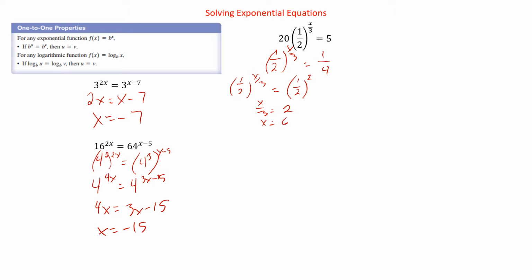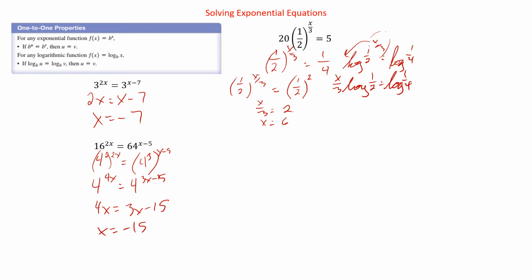We could have also taken the log of both sides. Take the log of 1/2 to the x over 3 equals log of 1/4. The x over 3 can move out to the front, so we get x over 3 times log of 1/2 equals log of 1/4.